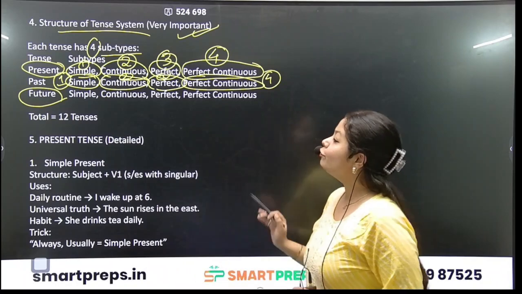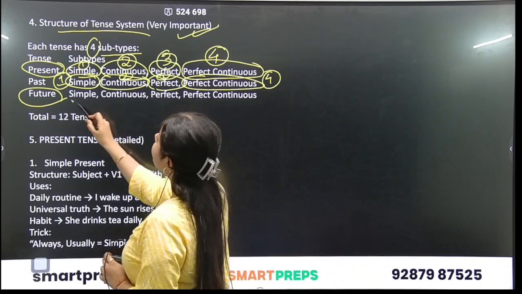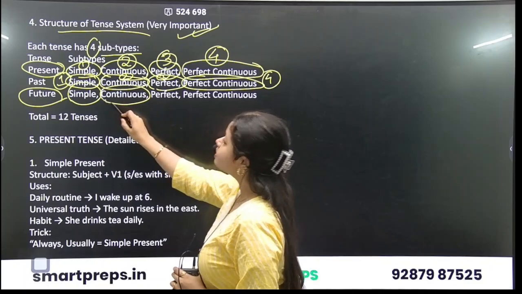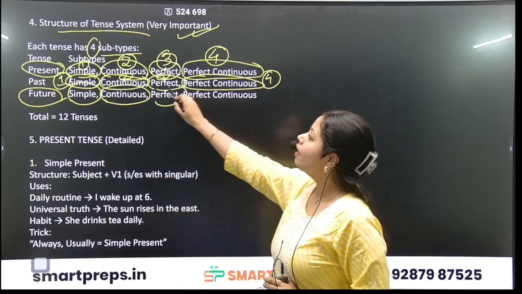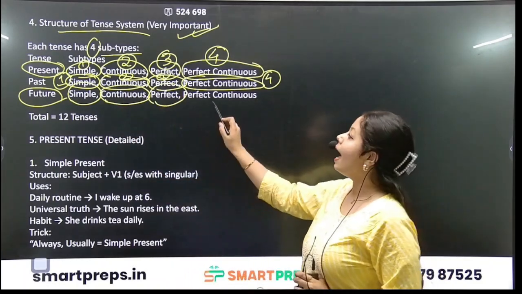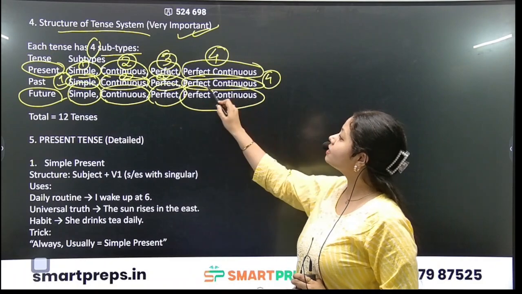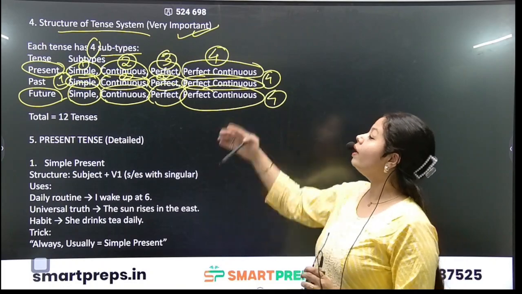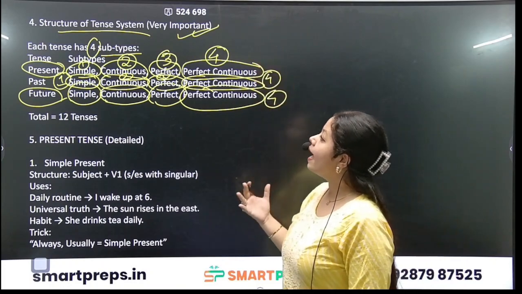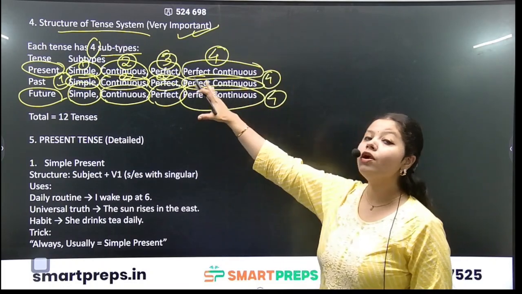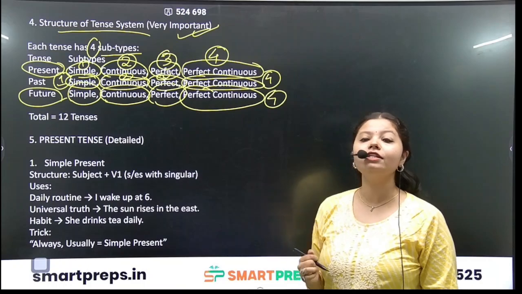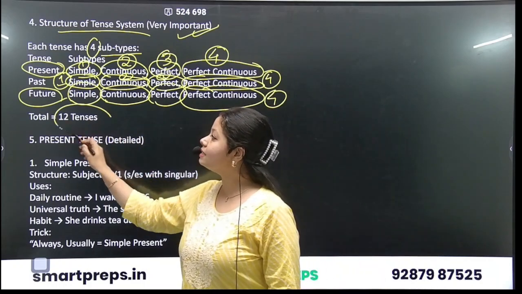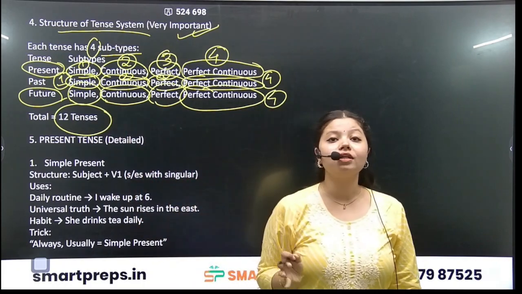The first type is simple future tense, then continuous future tense, then perfect future tense, and future perfect continuous tense. So we have understood that there are four subtypes of each tense. So how many total tenses are there? There are 12 total tenses.